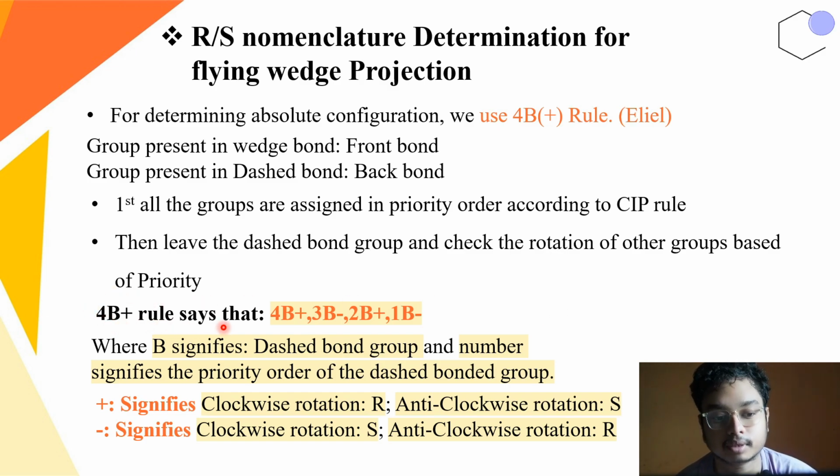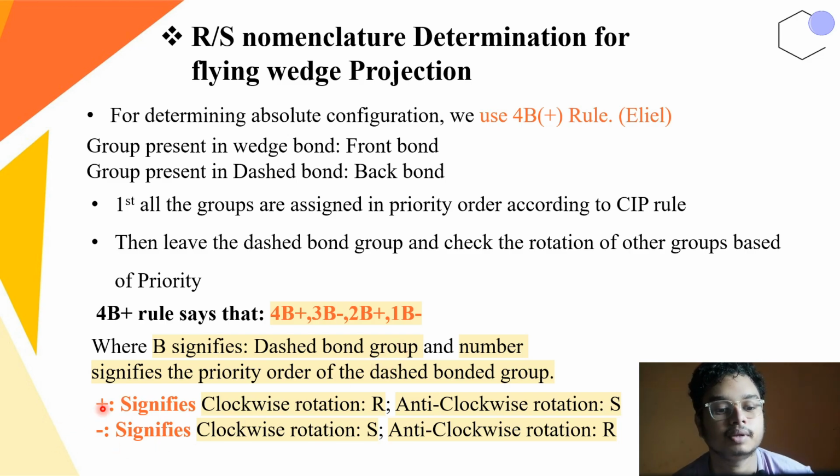Now the 4b plus rule says: 4b plus, 3b minus, 2b plus, 1b minus. Here b suggests the back bond, the group present on the dash bond, and the number 4, 3, 2, 1 is the priority number of the dash bond group.